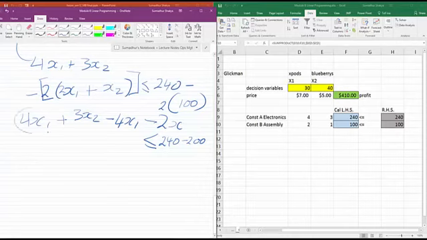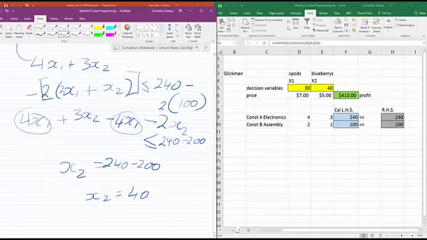So we see that 4x1 and 4x1 get cancelled out. We are left with 3x2 minus 2x2, so we are left with x2 equals 240 minus 200. x2 is equal to 40.